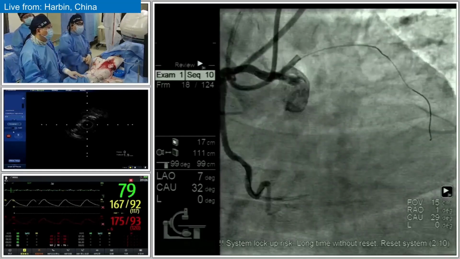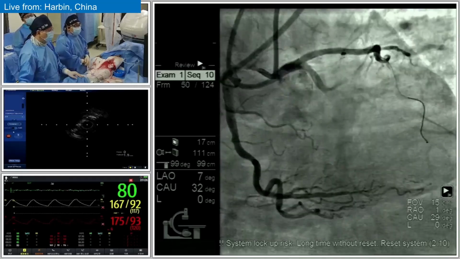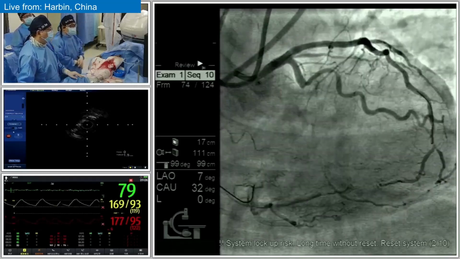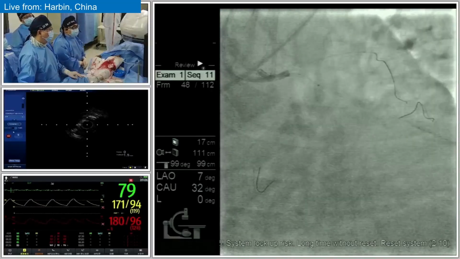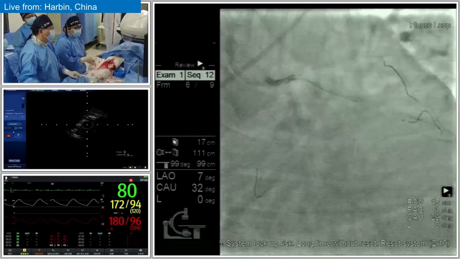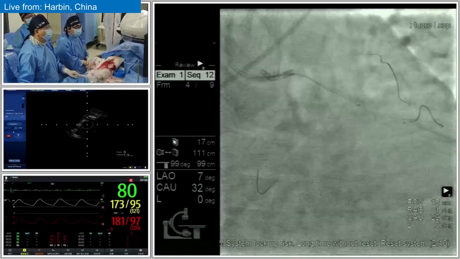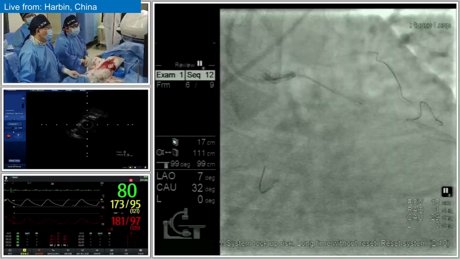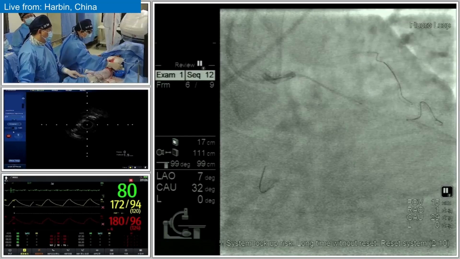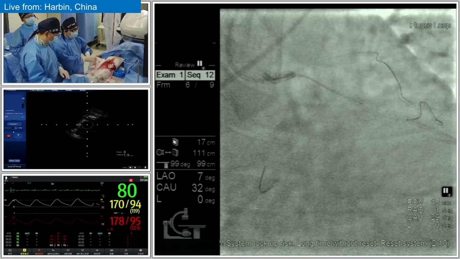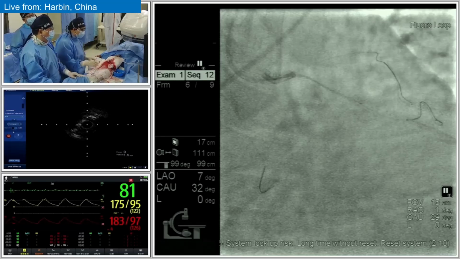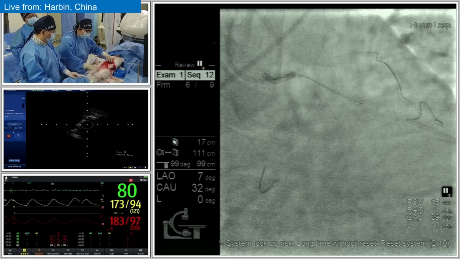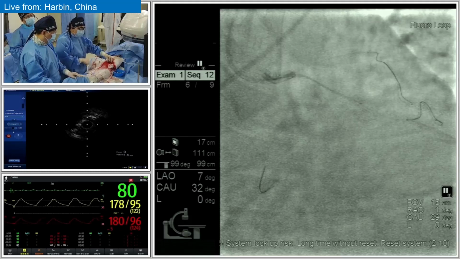For this patient, the antegrade approach is our first choice, and if the wire enters the true distal lumen, of course, this is a fortunate and good result. We will quickly finish the case.